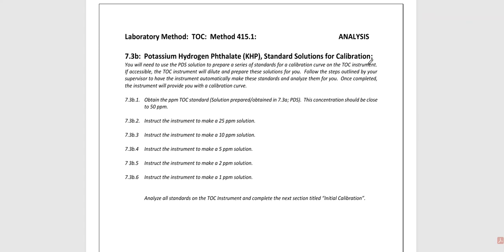7.3, standard solutions for the calibration. This paragraph is basically saying, listen, you made close to a 50 ppm, and we're going to place that in the autosampler tray of the instrument. And we are going to tell the machine to make a 25, a 10, a 5, a 2, and a 1 as far as the calibration standards that we need at this point.